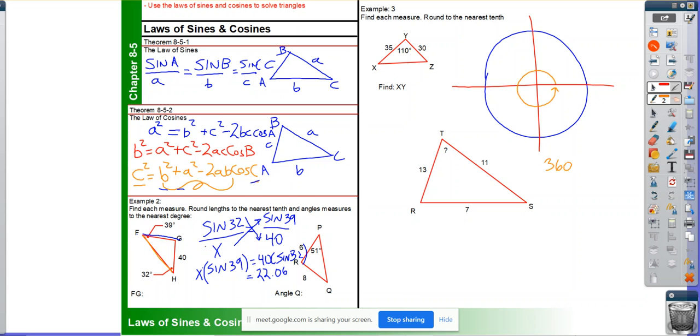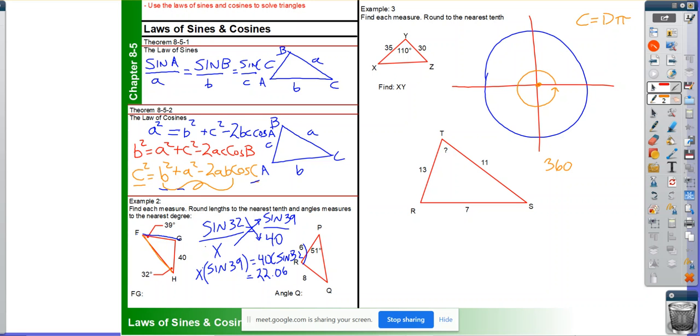However, we can also measure this circle relative to pi, right? So we know that the circumference of the circle is the diameter times pi, right? Now, we're talking about a unit circle.